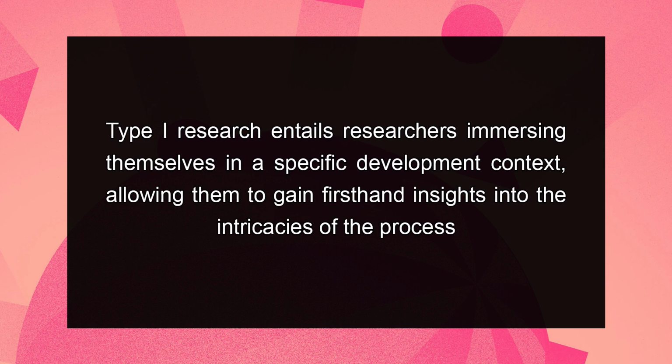Moreover, type 1 research entails researchers immersing themselves in a specific development context, allowing them to gain first-hand insights into the intricacies of the process. This approach is characterized by active involvement throughout the entire development cycle, enabling researchers to closely observe and analyze the various stages and factors at play.